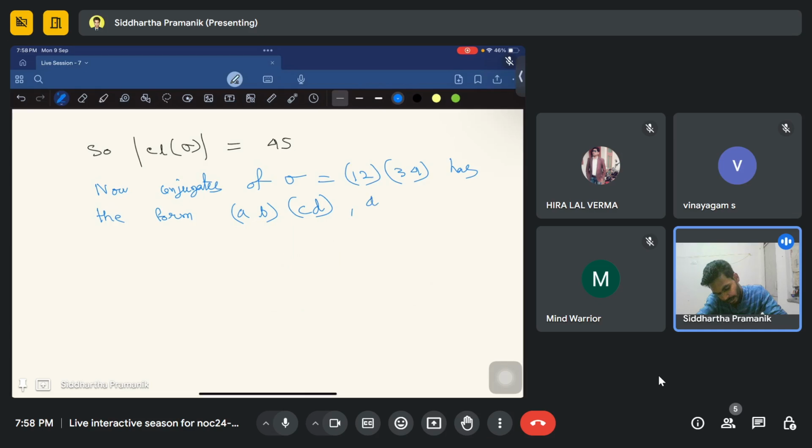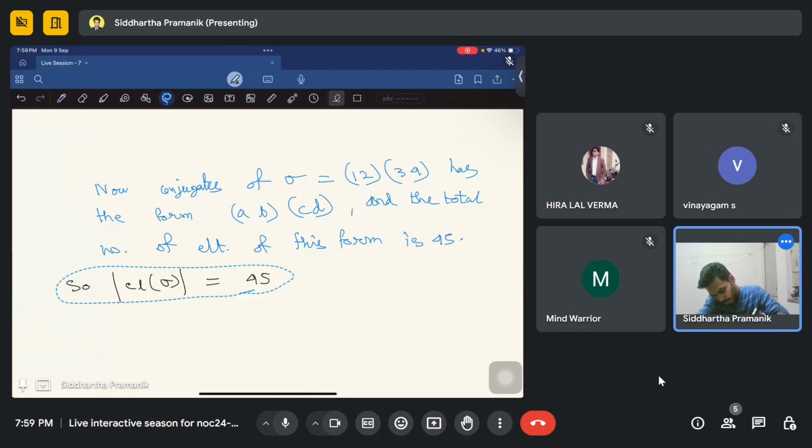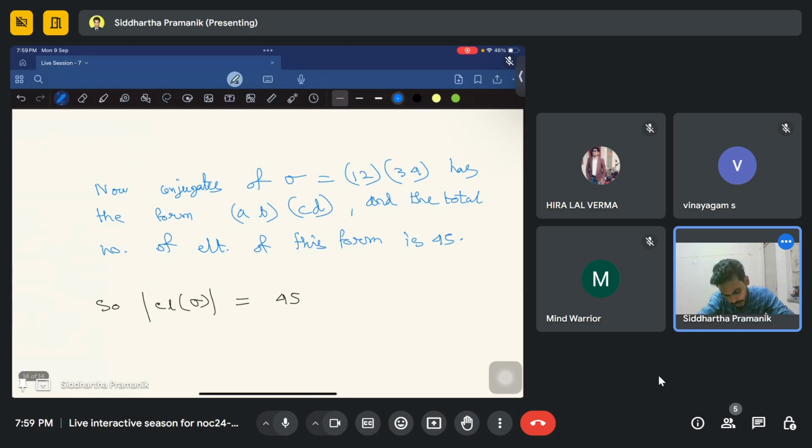So the total number of elements of this form is 45. So the cardinality of the conjugacy class is 45.